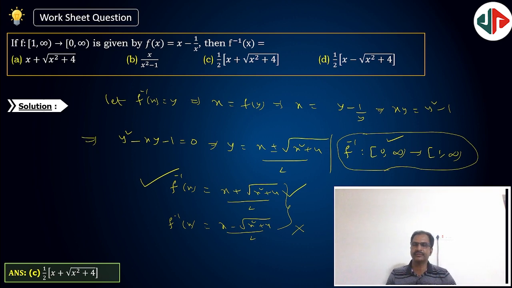Because if we look at f inverse domain and codomain, domain is 0 to infinity, codomain is 1 to infinity. So f inverse x is equal to x plus root x square plus 4 by 2 will be from 1 to infinity for the values of x which are in the domain. So option C is correct but not D.